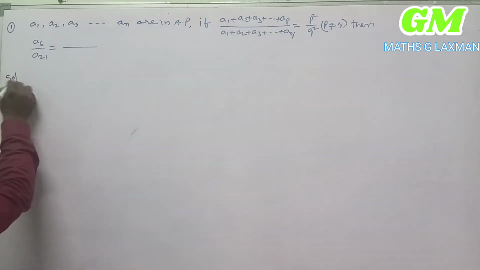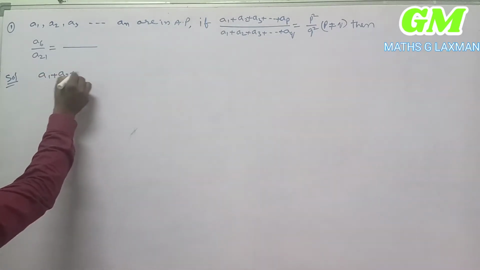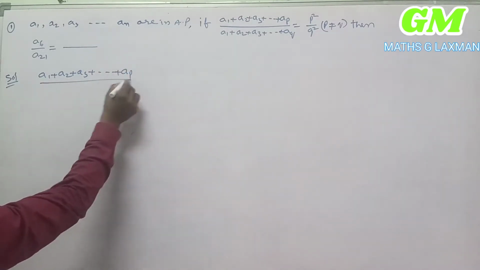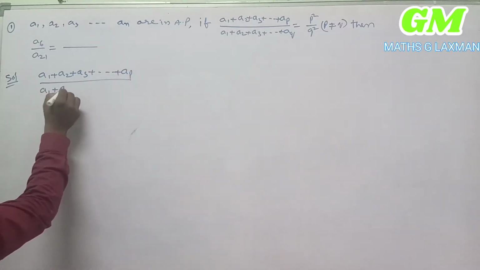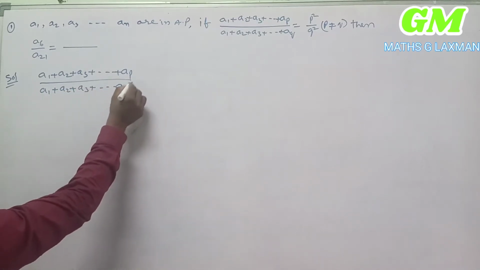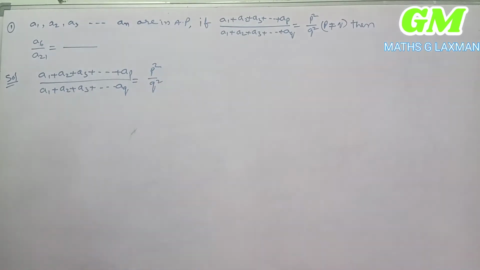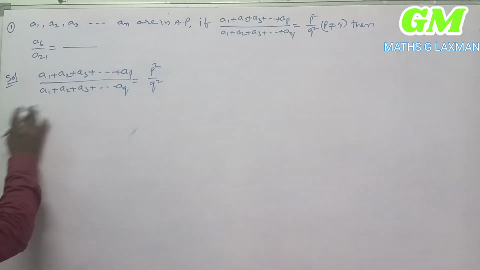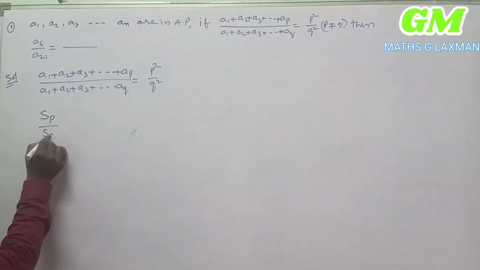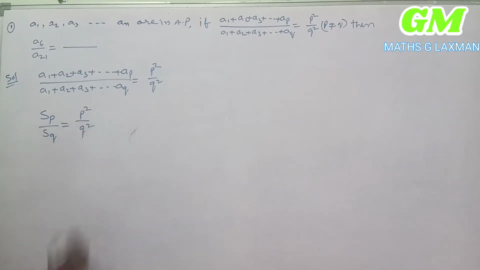So in the problem it is given that (A1 + A2 + A3 + ... + AP) divided by (A1 + A2 + A3 + ... + AQ) is equal to P square by Q square, which means the sum of P terms divided by the sum of Q terms is equal to P square by Q square.